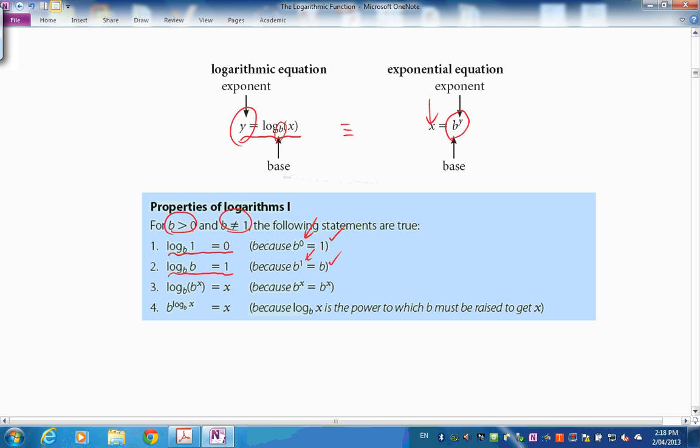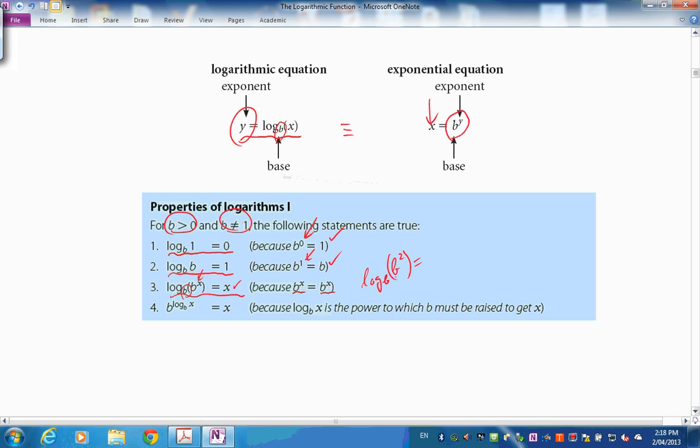Log to the base b of b to the x. What power do you raise b to get this? Well, the thing's already written as a power of b. And so it is just x, because b to the x is equal to b to the x. Well, what we're saying here is if something is written as a power of the base, let's check it out. What's log to the base b of b squared?